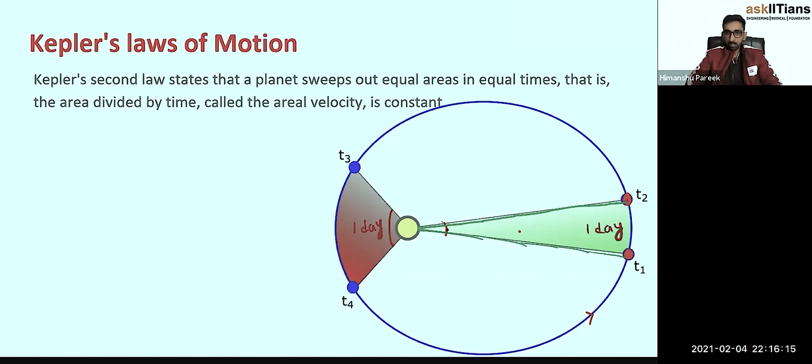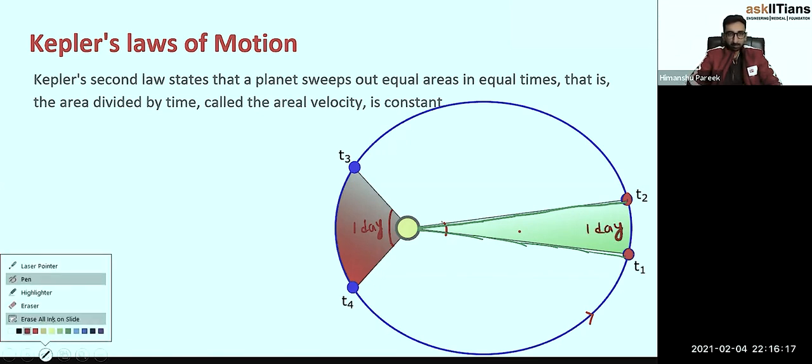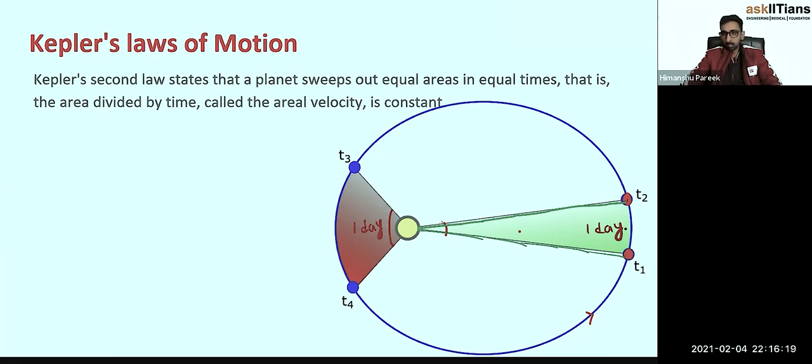And now if you calculate the area made by this planet while going from T1 to T2, this is the total area, let's say A1. And while going from T3 to T4, let's say this area is A2. So what Kepler had to say is that every planet covers equal areas in equal times.